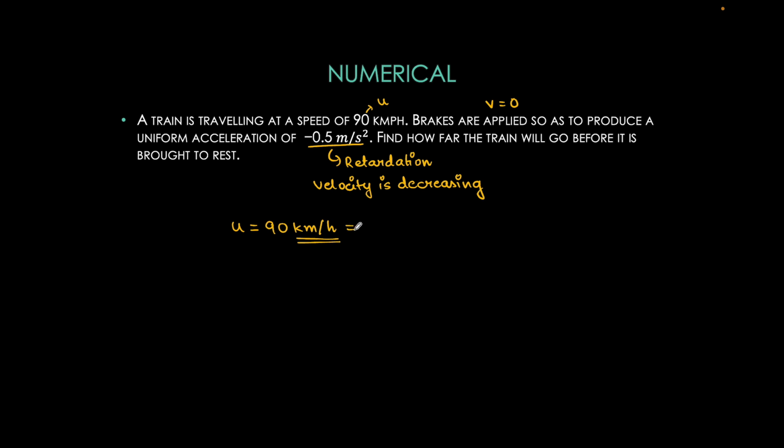Okay, so 90 kilometer per hour can be written as 90 into 1 kilometer divided by 1 hour. This kilometer needs to be converted into meter, and this hour needs to be converted into seconds. So we can write 90 into 1 kilometer means what? 1000 meter, divided by 1 hour means what? 60 into 60 seconds.